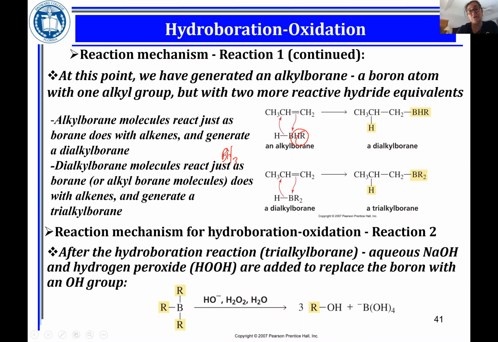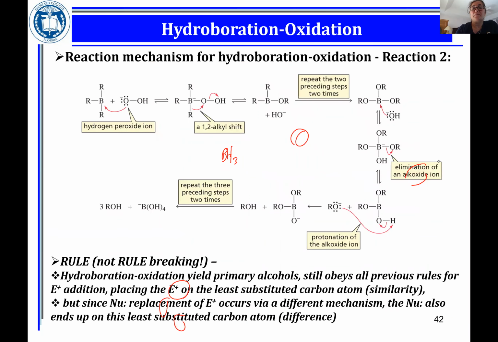It forms a dimer to be more stable, or if you are using alkyl borane, it is going to be easier. So you have the H added and the borane added, and moving to the next step.